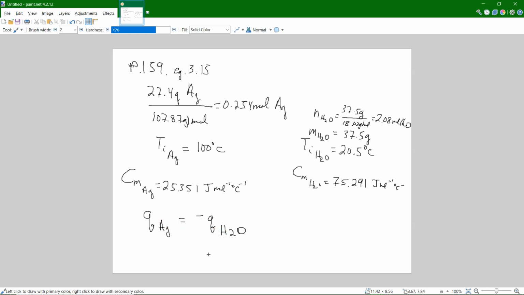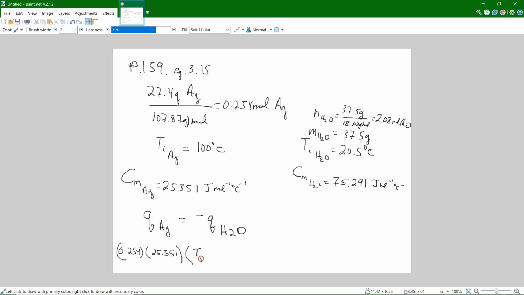So think of the silver as the system and the water as the surroundings. There's going to be Q values which are going to be opposite to each other. And that's how it's done. And Q is mc delta T, so the mass, or n C delta T. So the moles of silver is 0.254 times 25.351 times T final.